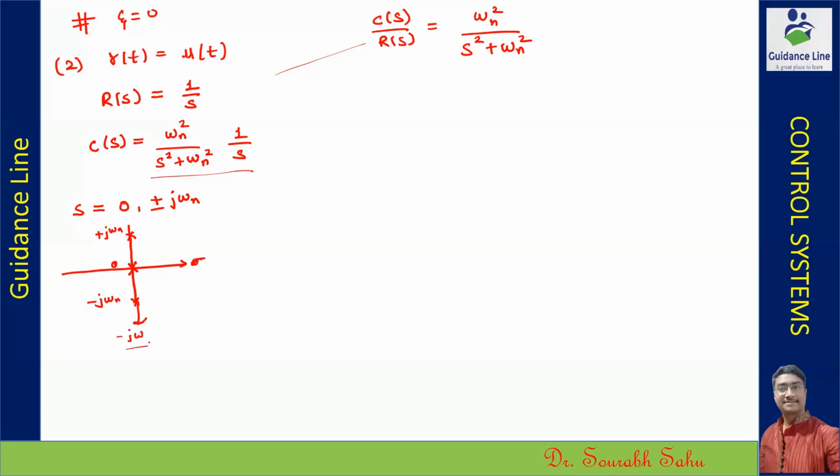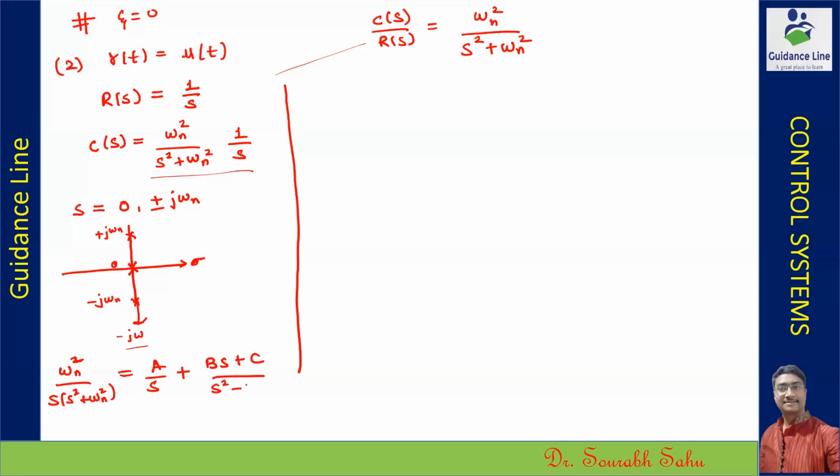Now to convert into the time domain, I first have to consider a partial fraction format. So we can write omega n square over s times s square plus omega n square as A by s plus Bs plus C over s square plus omega n square.